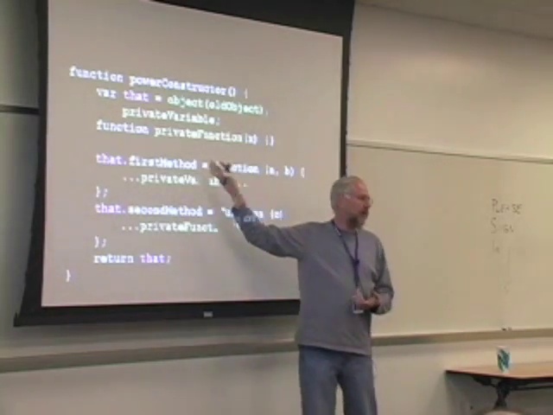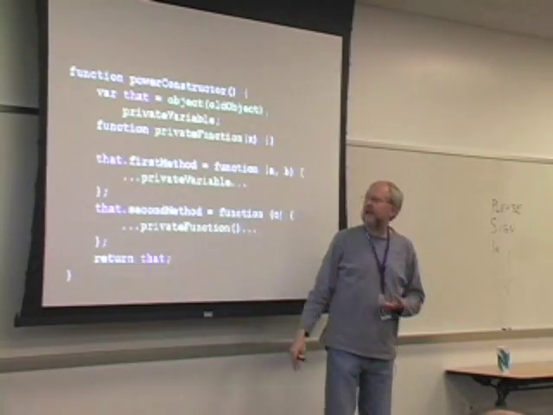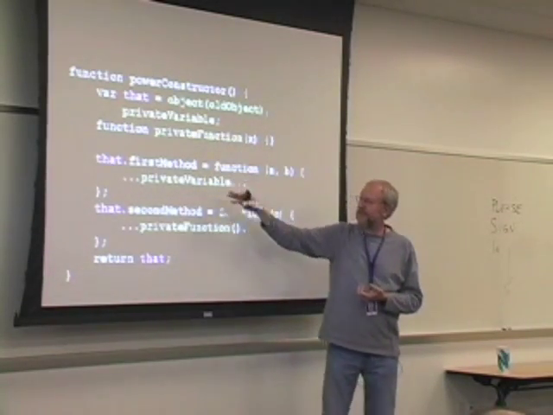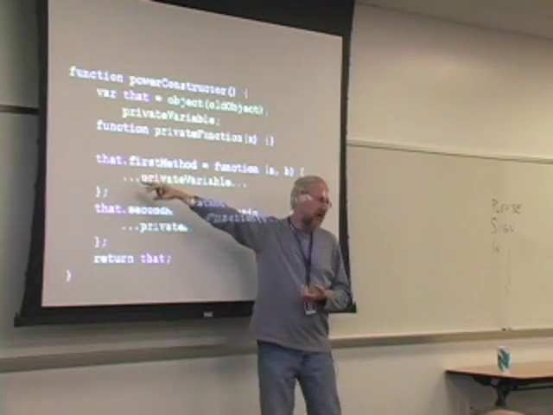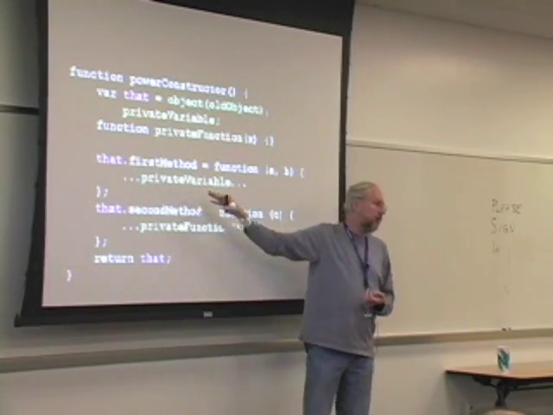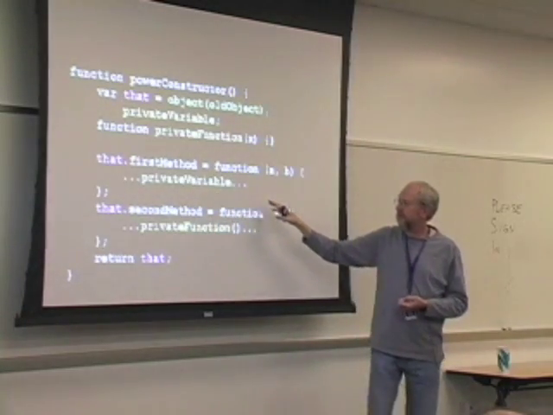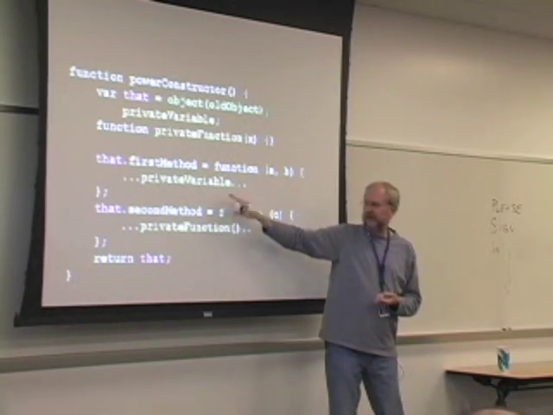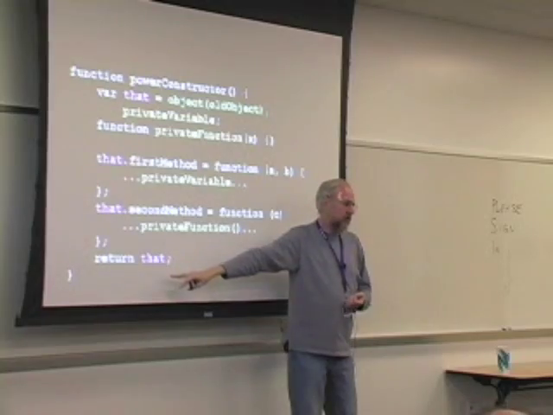That's enough. Anything that makes an object can be used in that first step. Then we'll define private variables and private functions. And then we will augment that with the new privileged methods that we want to assign to it. These privileged methods have access to that good private stuff, and then that gets returned.